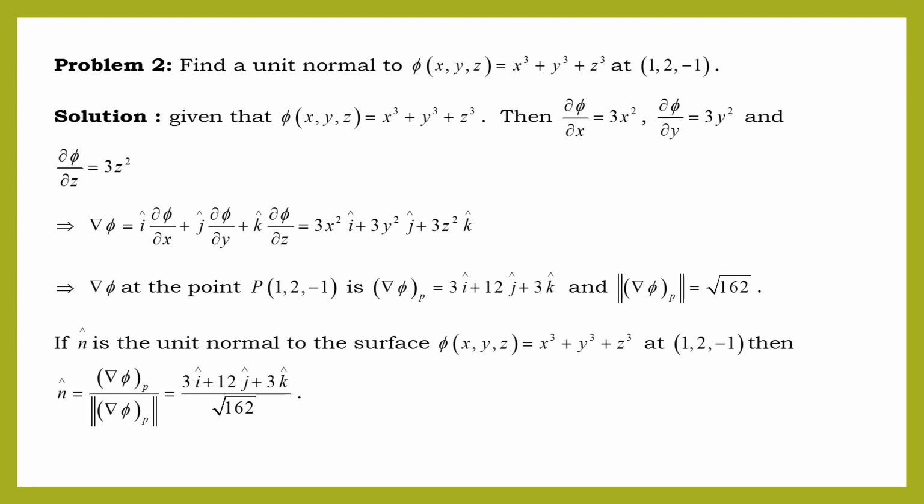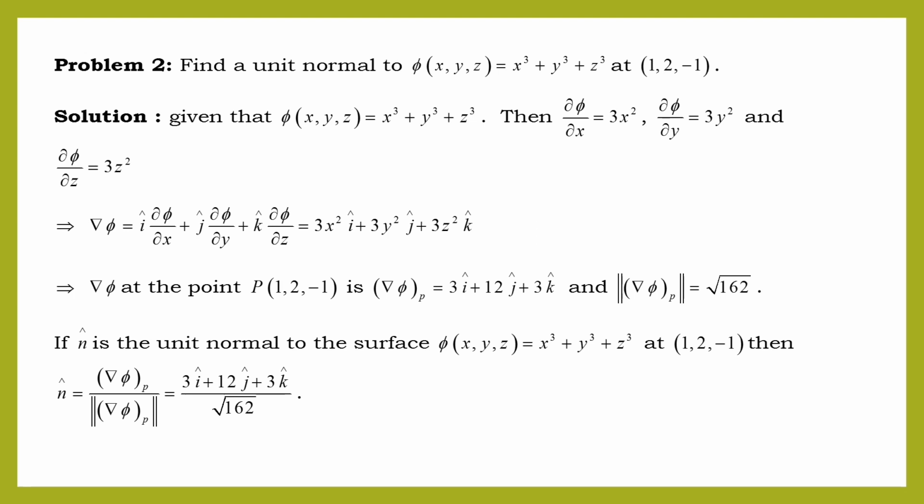For this surface, phi of x comma y comma z equals x cube plus y cube plus z cube, the gradient of this surface is del phi equals i cap dou phi by dou x plus j cap dou phi by dou y plus k cap dou phi by dou z.